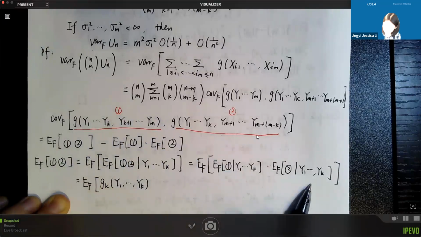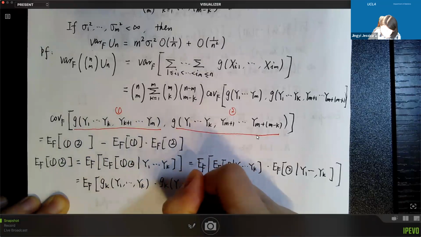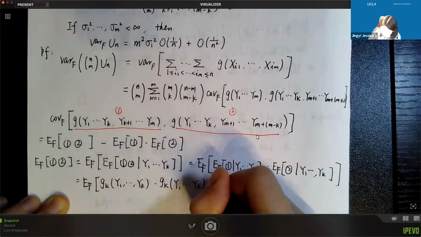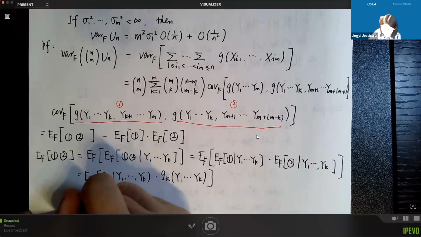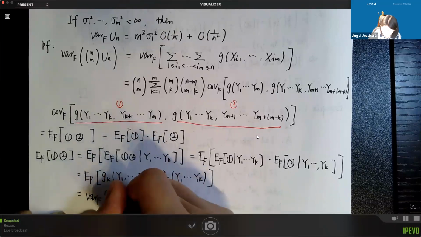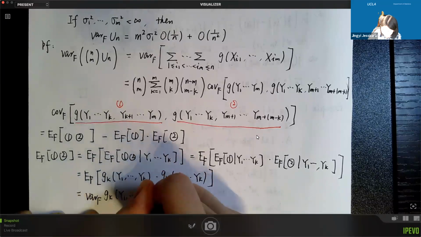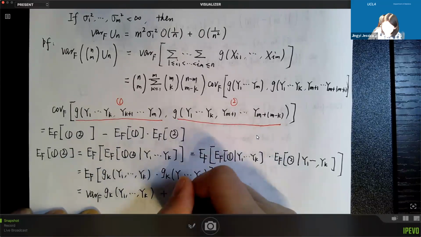And the same for 2 times gk of y1 to yk. And this is what? This is the expectation of gk squared. I know this is equal to the variance of gk of y1 to yk plus the square of the expectation of gk.